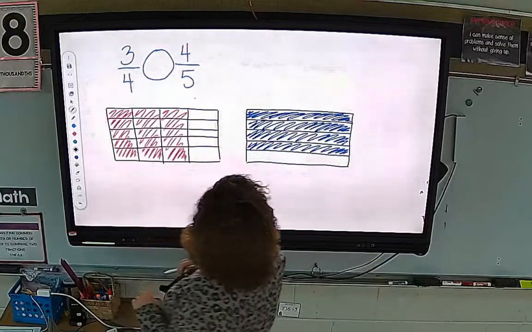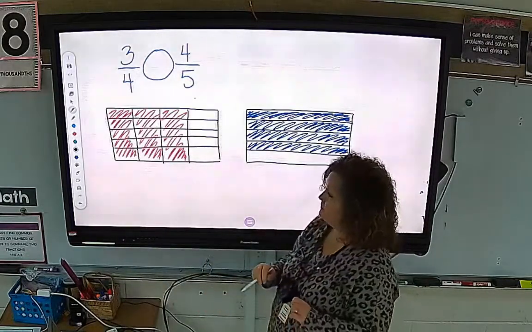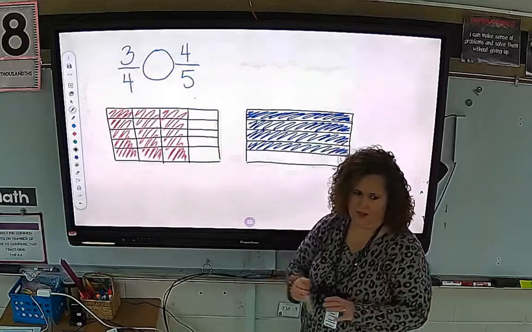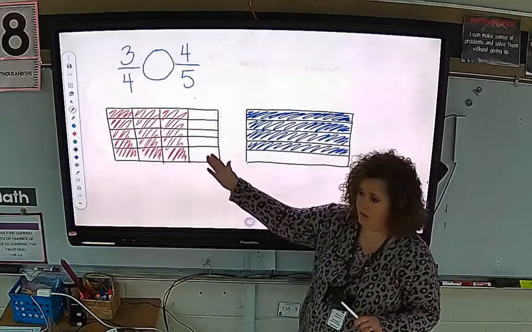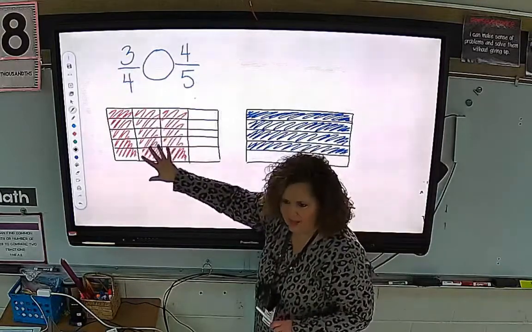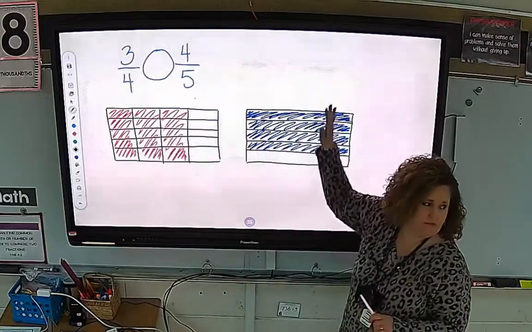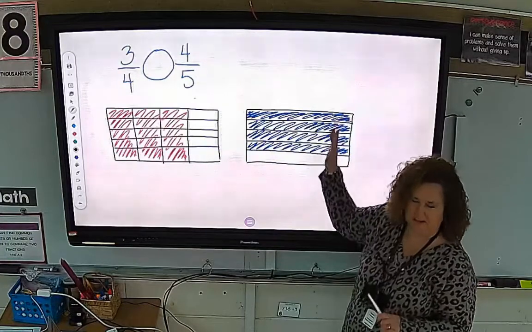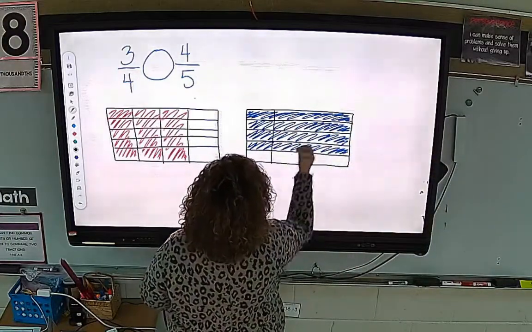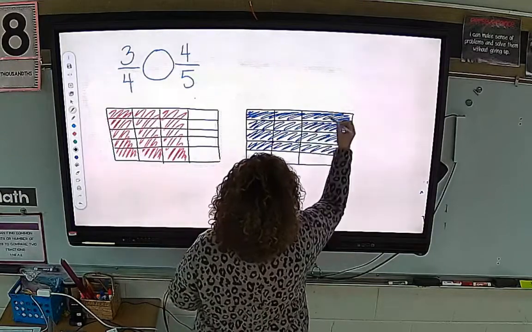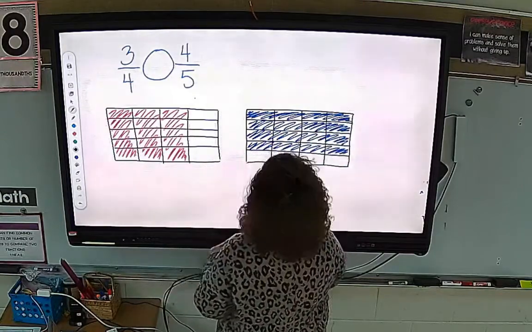Okay? And this was cut into how many vertical pieces? 4. So I'm going to add that cut of those 4 pieces vertically over here. Okay?